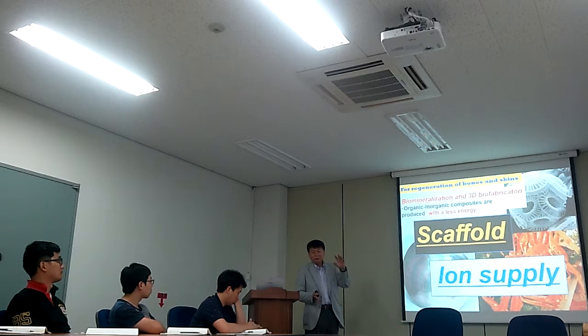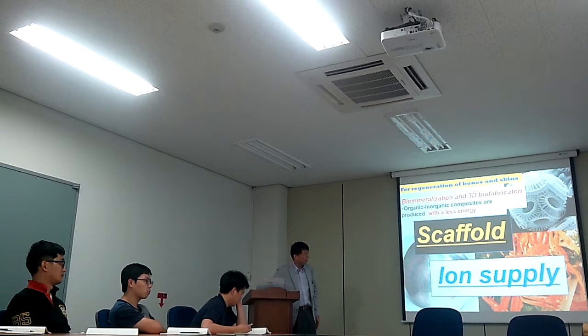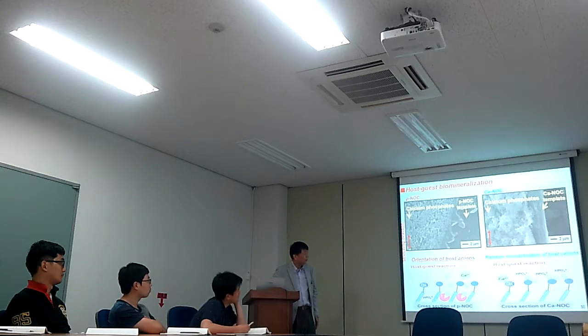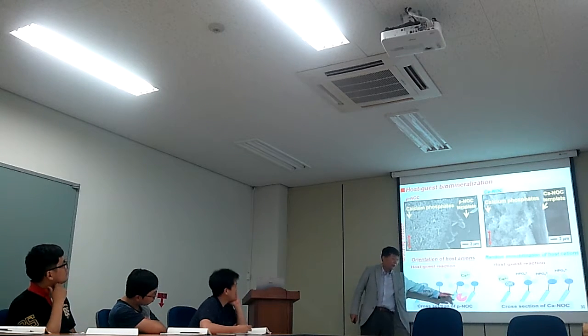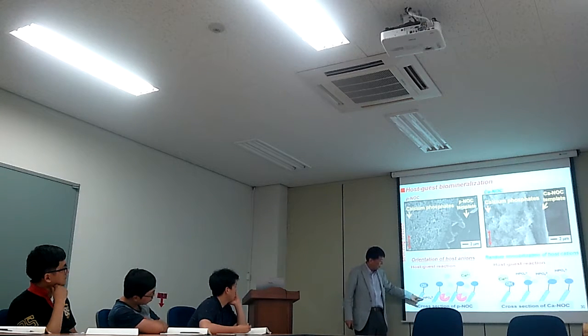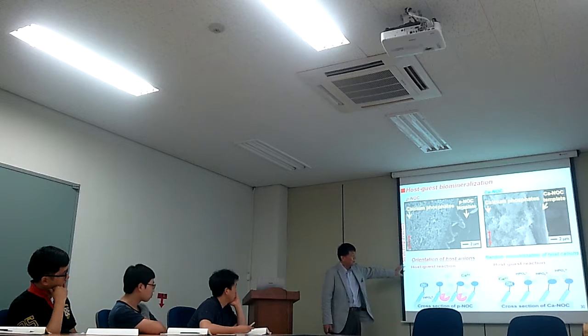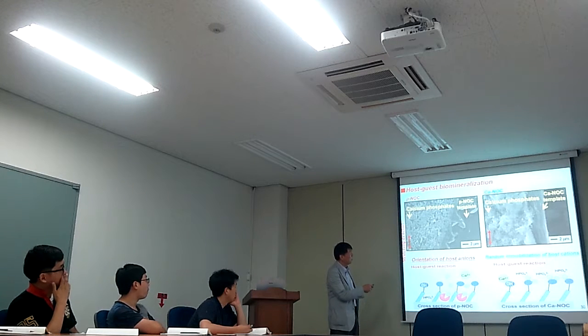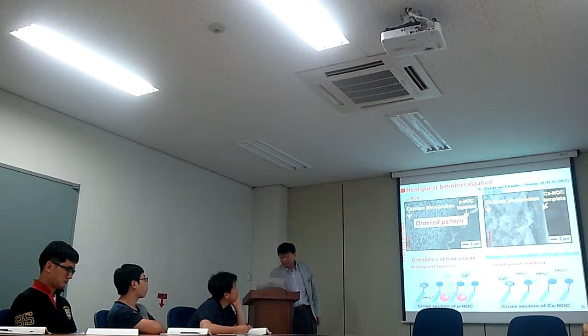That's why we put some ions between the molecules for the ion supply. So we modify the surface like this, because again, the cellulose molecule is well aligned, and then we put phosphorus ions in between the molecules. Then we culture under the calcium-rich solution, and automatically this kind of ordered structure is formed. That's the biomineralization process.